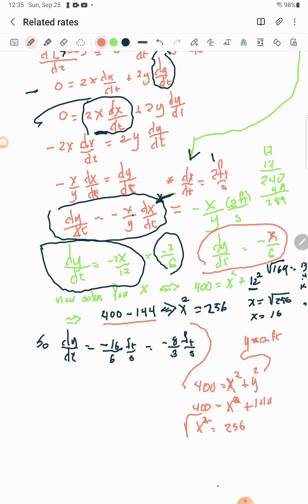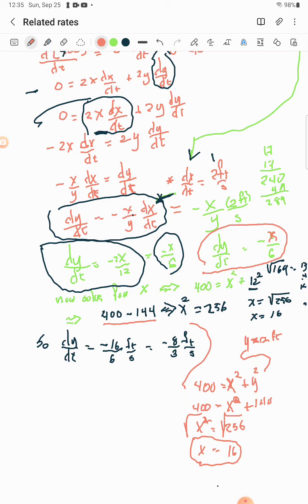Then I'll take the square root of both sides, so x is equal to 16, because 16 times 16 is 256. So now I know how far it has gone away from the wall at that point. When y has come down to 12, x has gone out to 16.